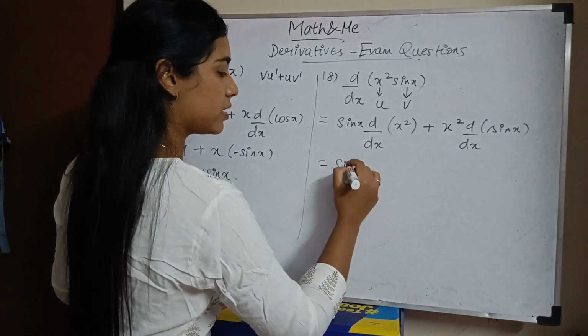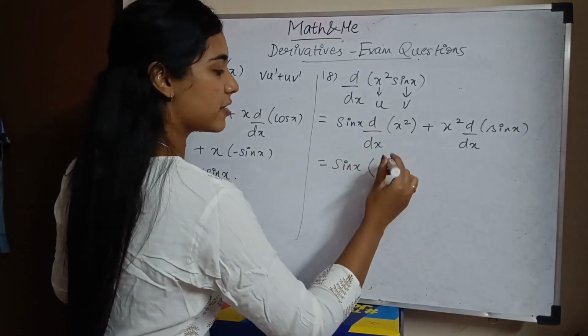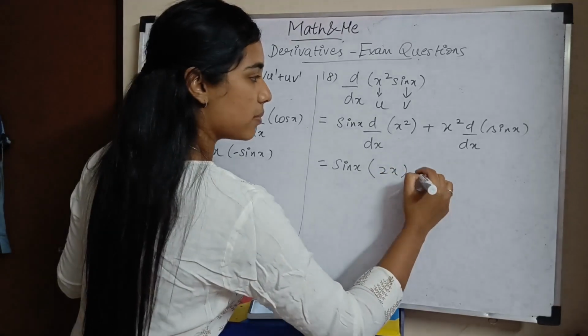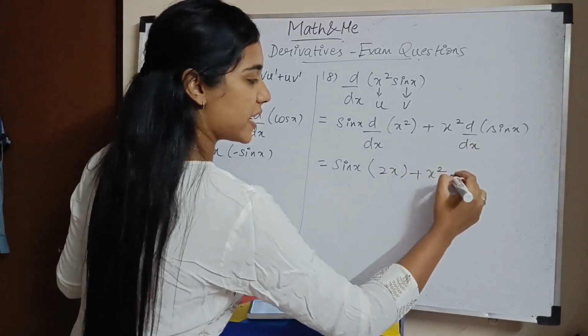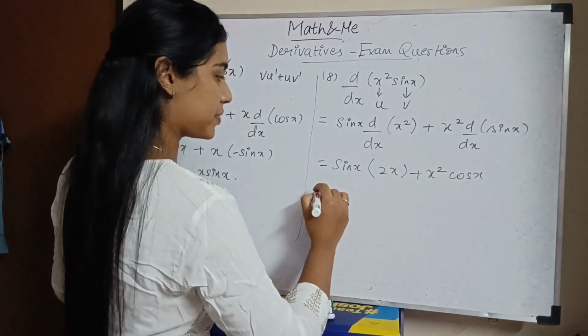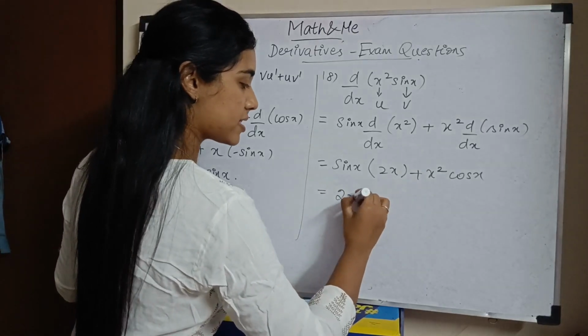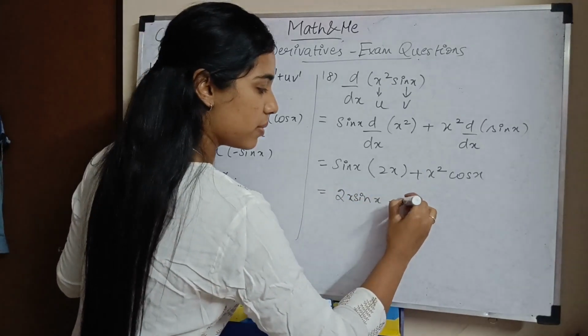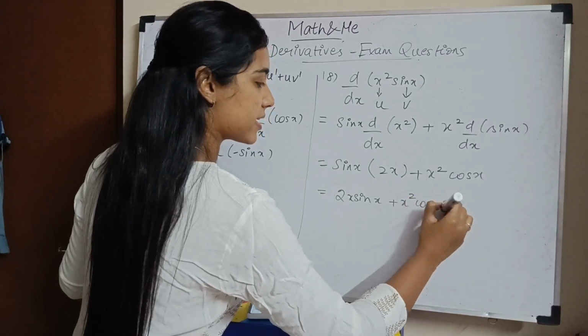So here you have sin x times d by dx of x square, which is 2x, plus x square times d by dx of sin x, which is cos x, which is equal to 2x sin x plus x square cos x.